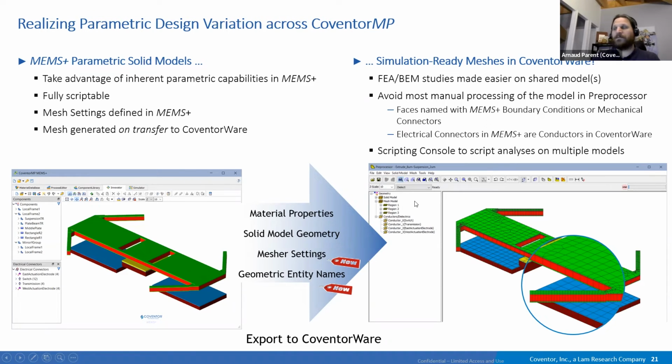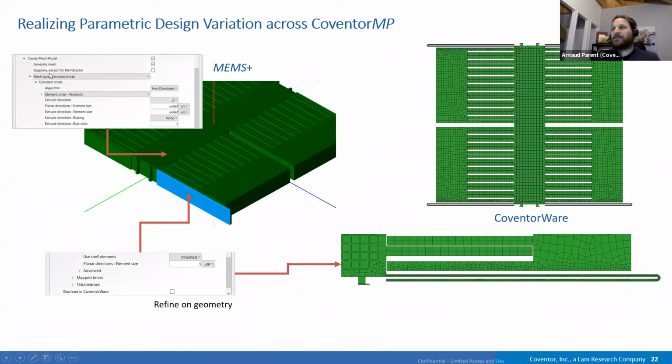So that could be used if you need to do point simulation in Coventorware, or if you need to do verification of some mechanical MEMS+ result, for example. Here for illustration, on the right you have the MEMS+ model, and for the different objects in MEMS+, you have properties to apply the meshing properties: the number of elements in Z, for example, the type of mesh you want to apply, all this.